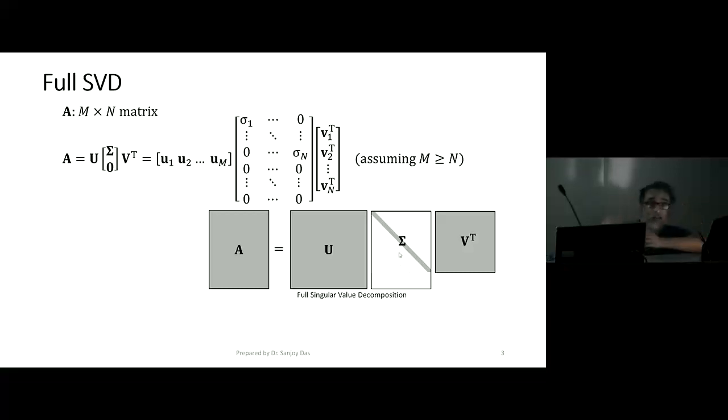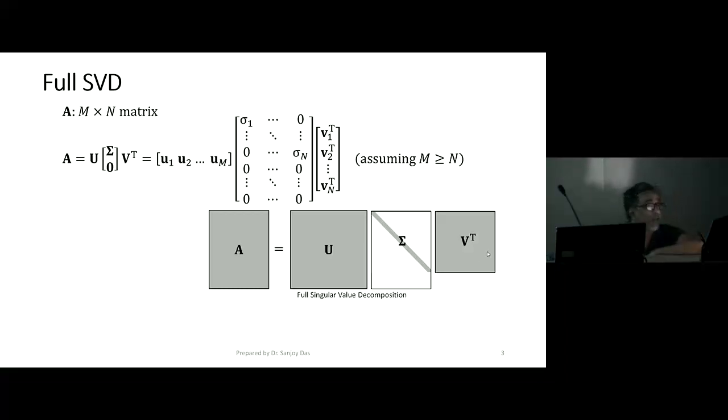White is for zeros. It depends on the notation: sometimes I call this block matrix sigma 0, sometimes I call it just sigma for the whole thing. Forgive me, but it should be clear from the context. So this is a diagonal matrix, and then we have several rows of zeros beneath.